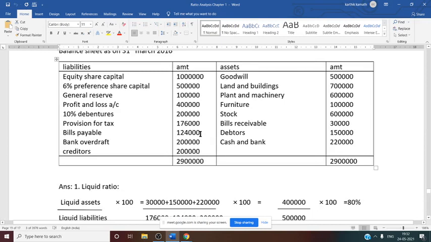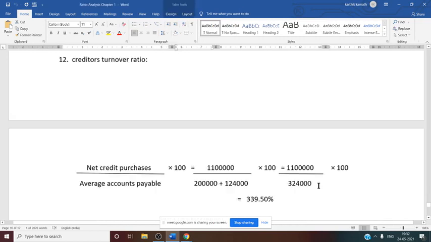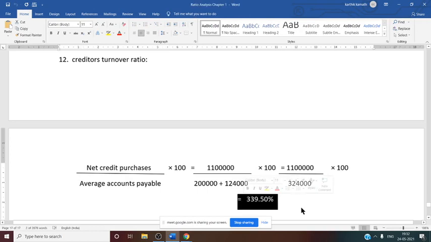So total 1,24,000 plus 2 lakh, 3,24,000. So this 3,24,000 you can write in the denominator. Denominator we have written, see this now, 11 lakh divided by 3,24,000 into 100. Final answer, that is 339.50%. Or else you can say in terms of ratio also, that is 3.39:1. So any doubt in this problem?